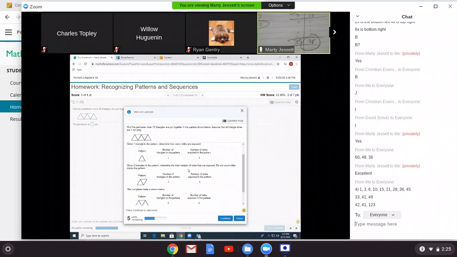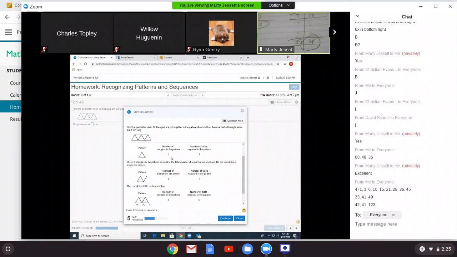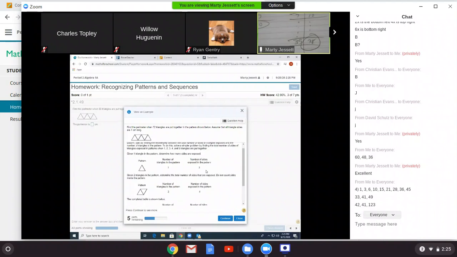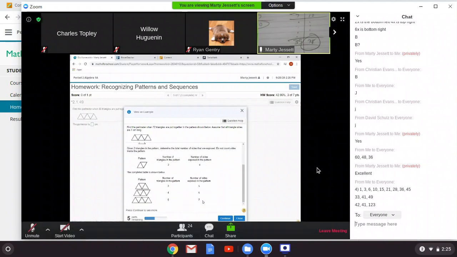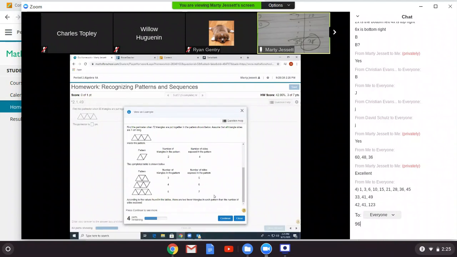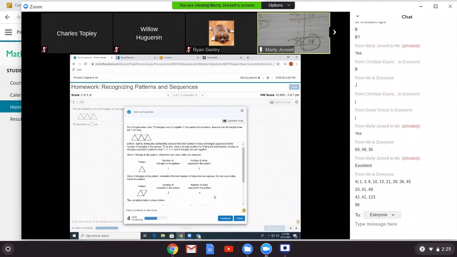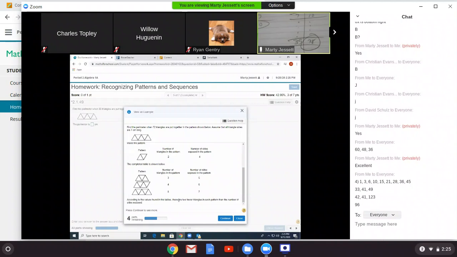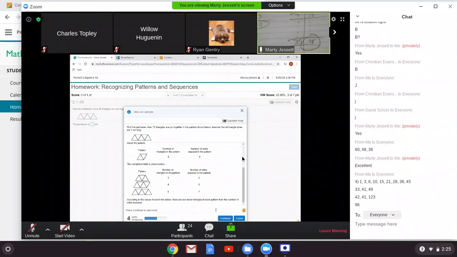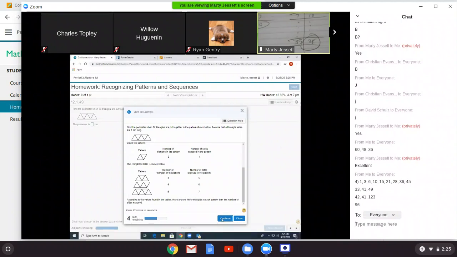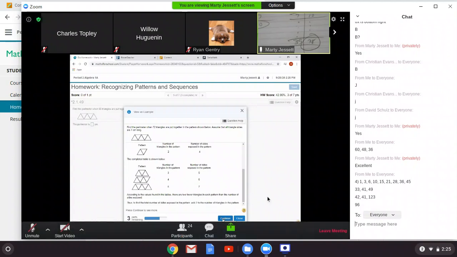So you're starting to see sort of a table here, if you will. The left side is the number of triangles, and the right side is the perimeter, okay? And you might start to see a connection there. Maybe what you're seeing is that there's always 2 more in the perimeter than there are triangles.